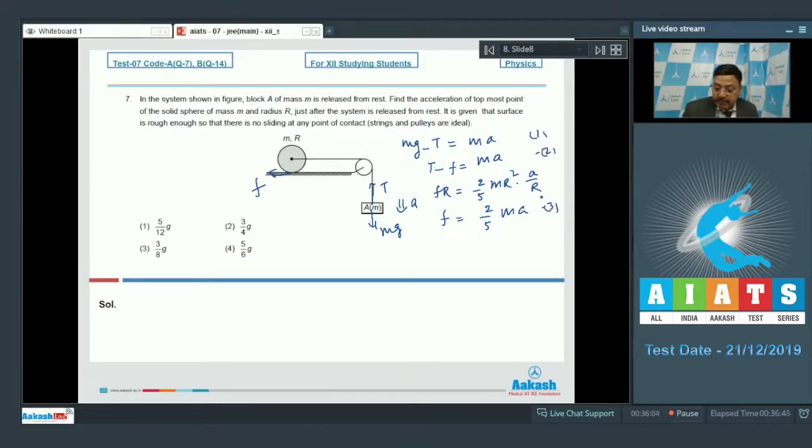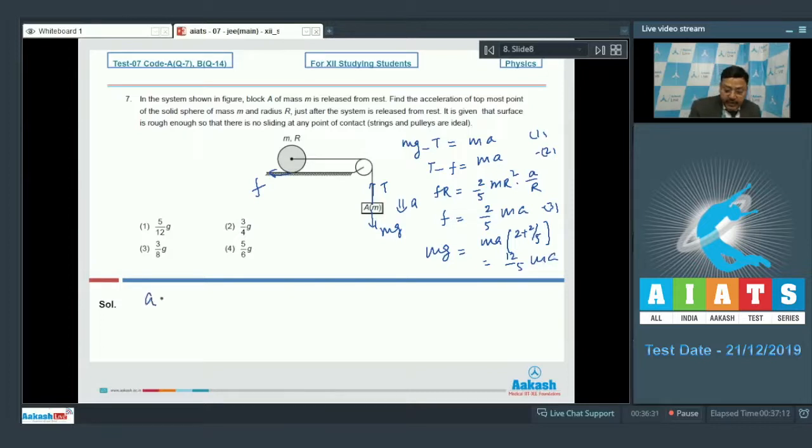If we add them all up, we get mg equals, on the left-hand side, minus T minus F plus F, they all cancel, and on the right-hand side we get ma into 2 plus 2/5, which is equal to 12/5 ma.